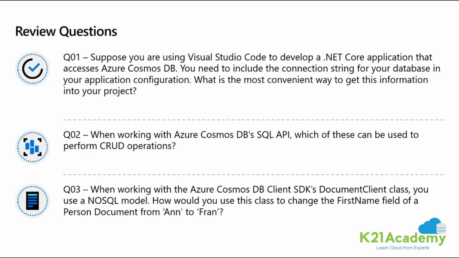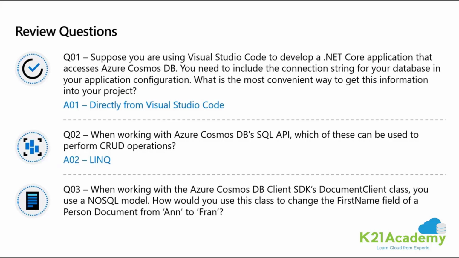A couple of questions as part of the review questions over here. Suppose you are using Cosmos database to develop a .NET Core application. To access Cosmos DB, you need to include the connection string for your database in your application. Which is the most convenient way for you to get this information in your project? We can directly work with Visual Studio Code. When you are working with Cosmos database SQL API, which of these can be used to perform CRUD operations? They are basically LINQ queries.